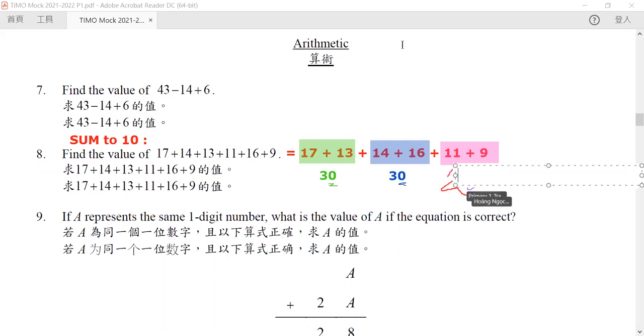Now, this is good because once you sum them up like this, they will have a final digit of 0. This is what we mean by sum to 10.